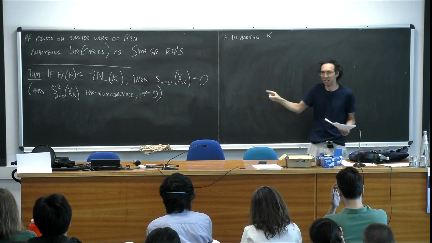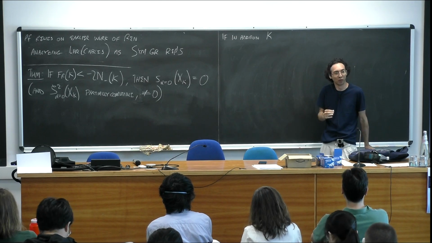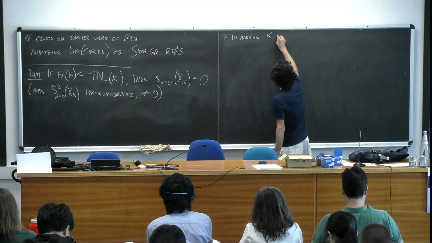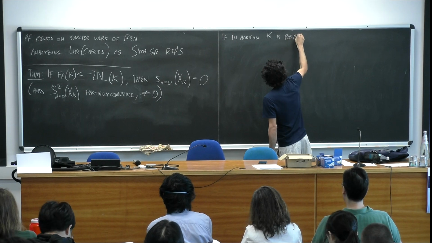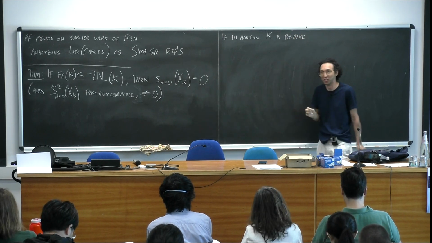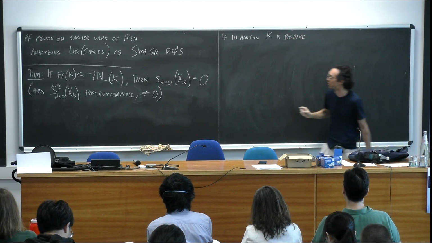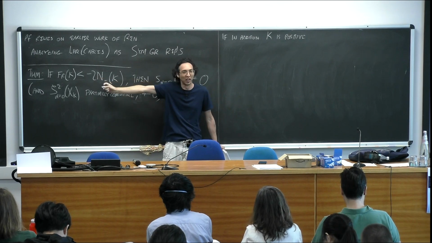And so if in addition you have a way to draw it as a diagram that is positive, with no negative crossings, then this is really just saying the framing was negative.